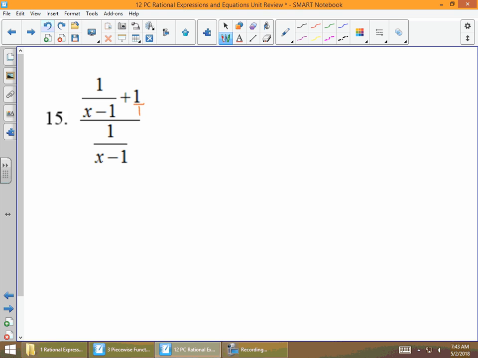And then I'm going to multiply that by x minus 1 over x minus 1 to get a common denominator in my numerator. So what this looks like is 1 plus x minus 1, all over x minus 1. That's my numerator.